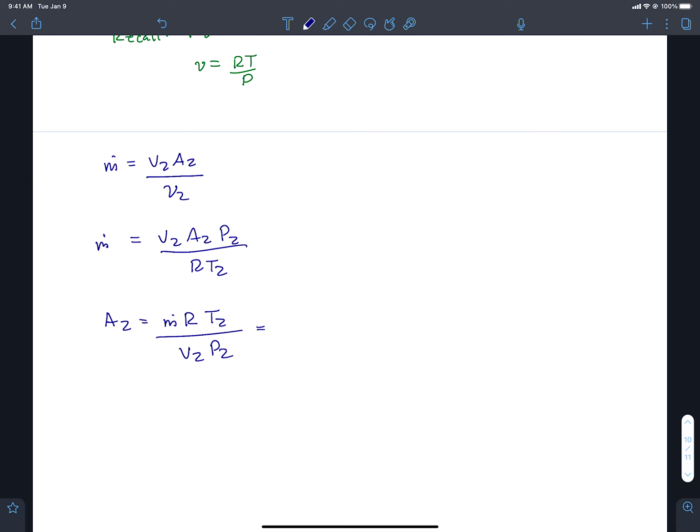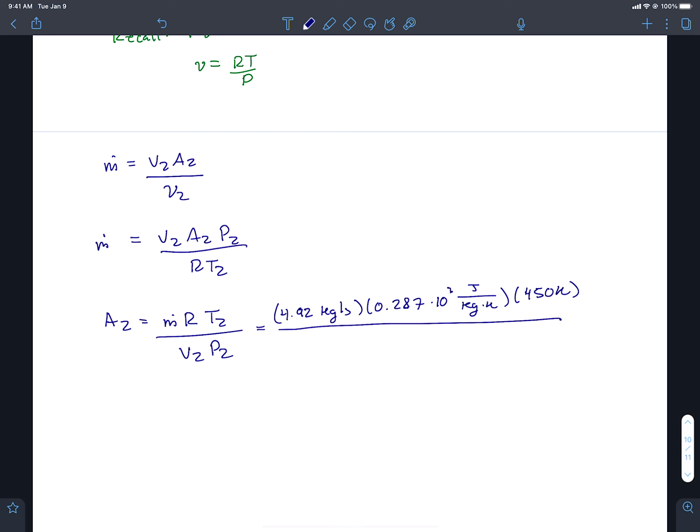And just plugging everything back in. So we know what M dot is, because we solved for that. So 4.92 kilograms per second, 0.287 times 10 to the third joules per kilogram Kelvin times 450 Kelvin over 90 meters per second times 1 times 10 to the 5th Pascal.